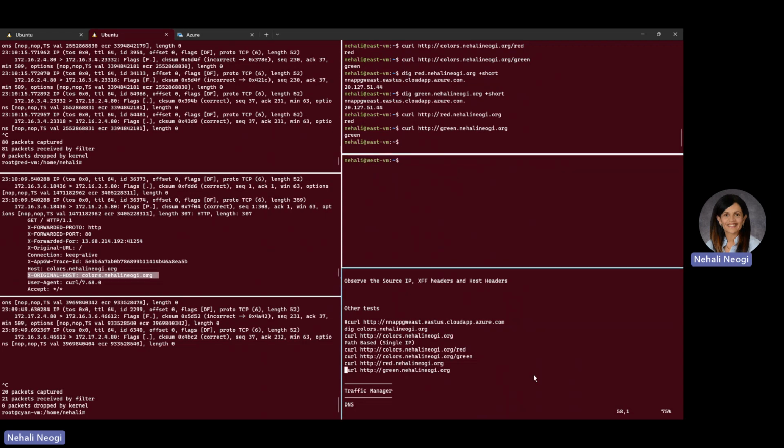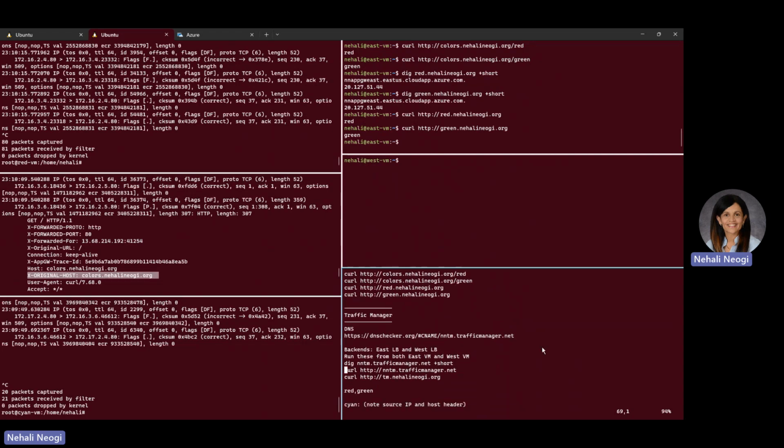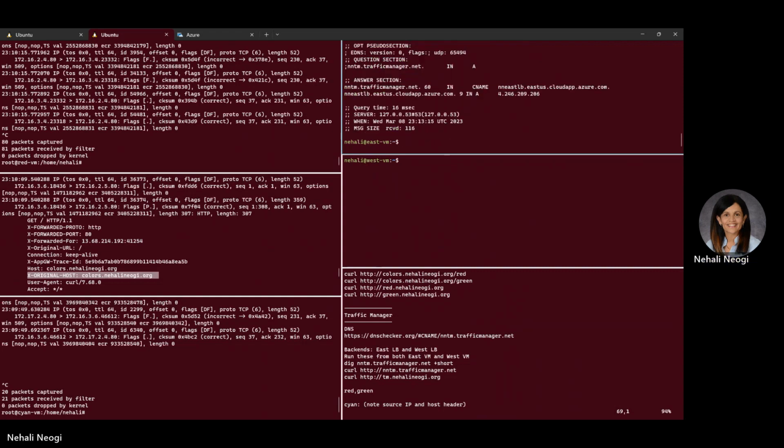All right, so now we're towards the last part of the demo, which is the traffic manager. For traffic manager, I'm going to show you the dependency on the DNS first. So let's look at this traffic manager host name. If I do a dig against that, you will see that on this VM, I got East LB.